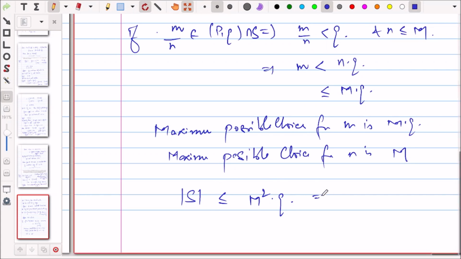So that means S is finite, it cannot exceed this value, right?